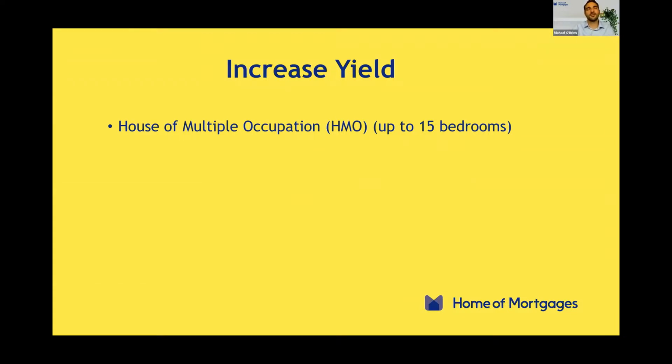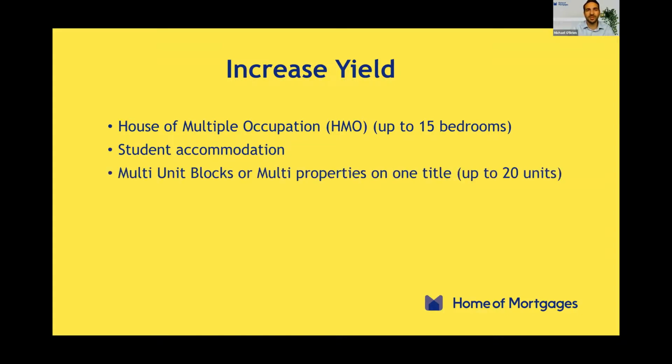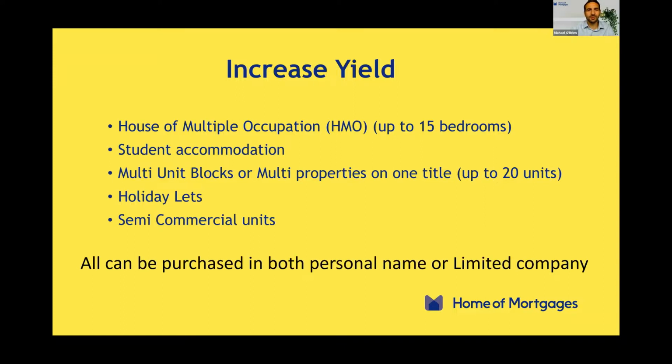Lenders have fortunately been able to provide mortgages rather than commercial mortgages, so buy-to-let mortgages, in other higher yielding areas such as HMOs, which was previously commercial lending, which is now we can do standard buy-to-let mortgages on properties of up to 15 bedrooms, student accommodation, multi-unit blocks, so blocks with multiple units, funny enough, in the unit, so on one freehold title, up to 20 units, holiday lets, and semi-commercial units as well.